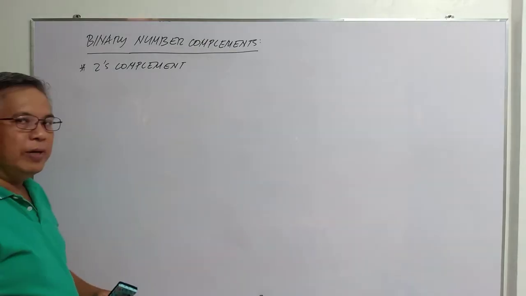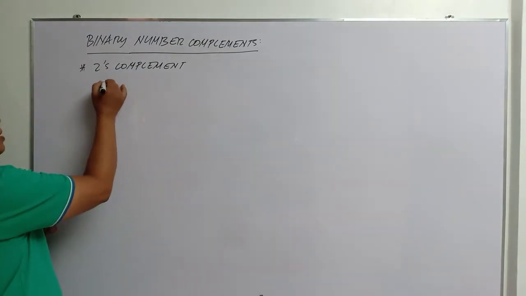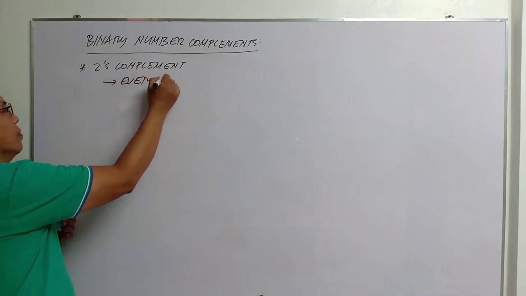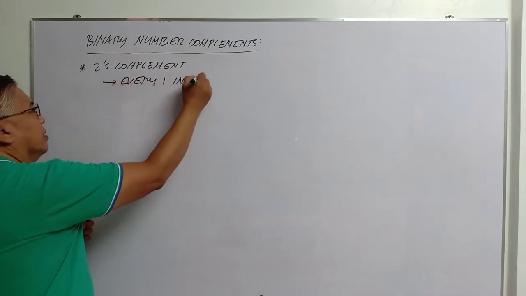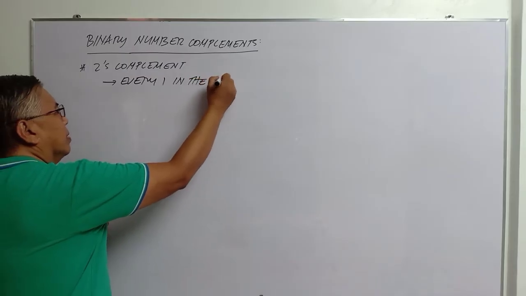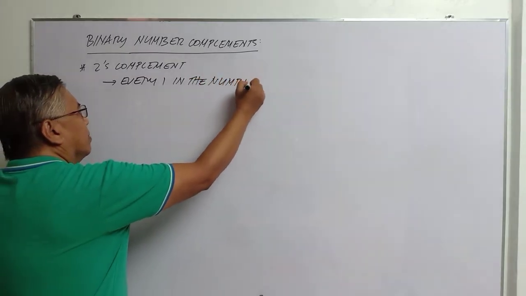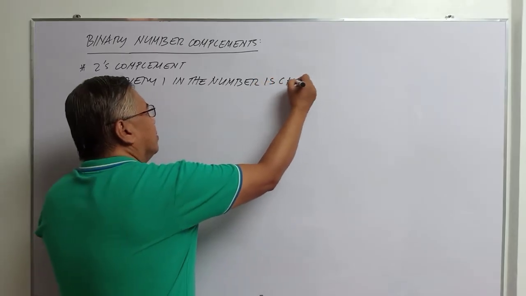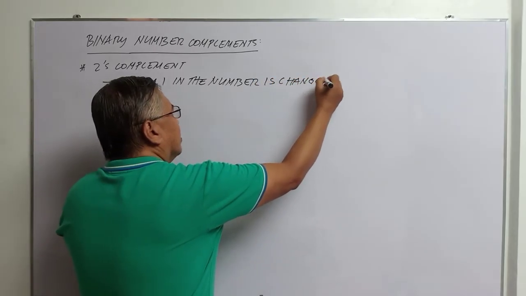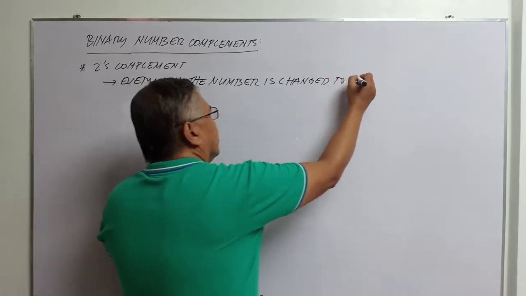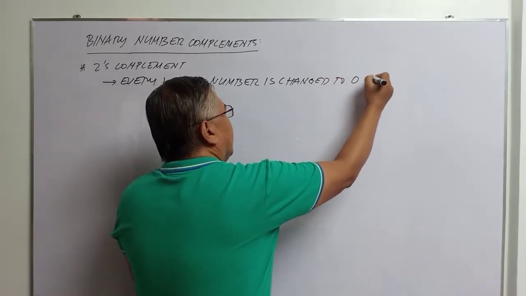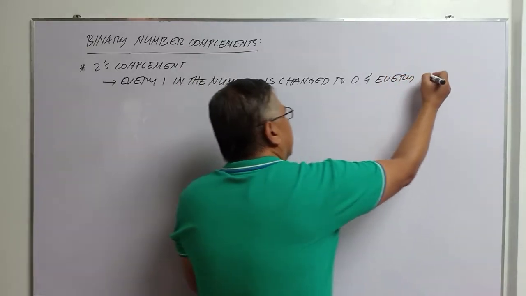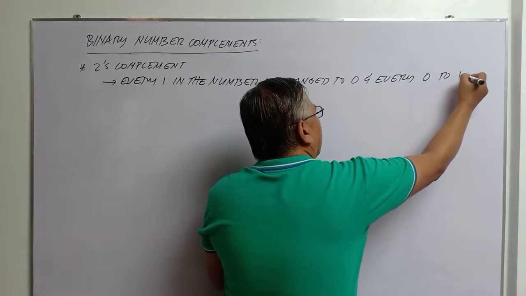For the 2's complement, this is the rule: every 1 in the number is changed to 0 and every 0 to 1.